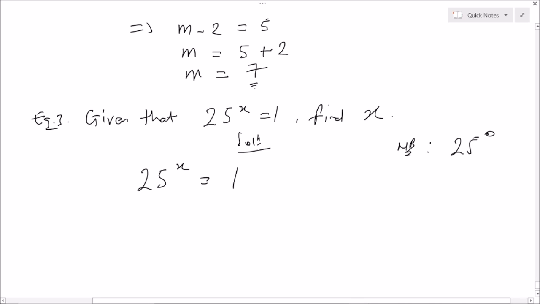And we are choosing 25 raised to the power 0 because the left hand side has a base of 25. Hence we write 25 raised to the power s equal to 25 raised to the power 0. And therefore we can write s is equal to 0. So our answer is 0. That is, s is 0.